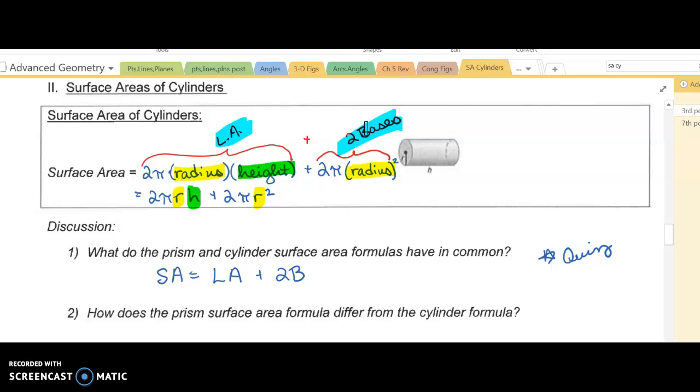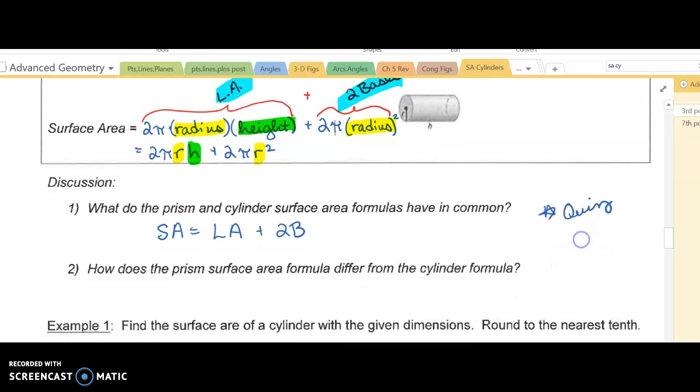So how does the prism surface area differ from the cylinder? Well, the bases and the perimeter a little bit, but mostly that the bases are circles.